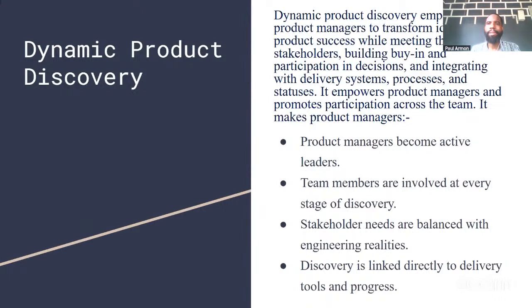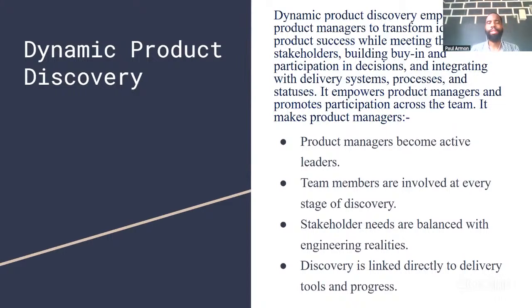It empowers the product manager to promote participation across the team. In this dynamic discovery, information flows both ways, from the bottom to the top, from the top to the bottom. So it's easier to get everybody to buy in.